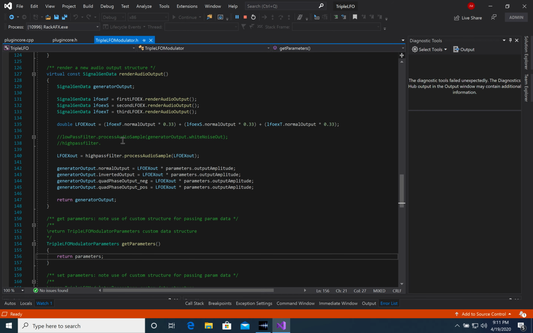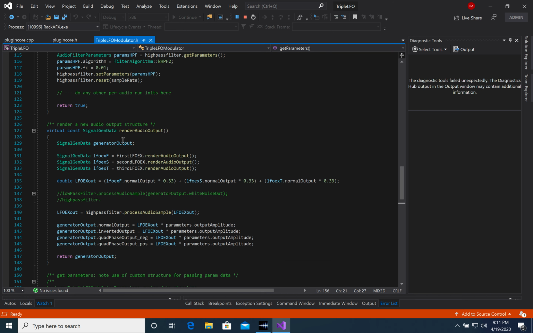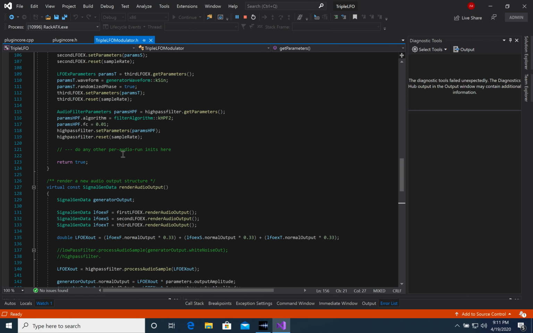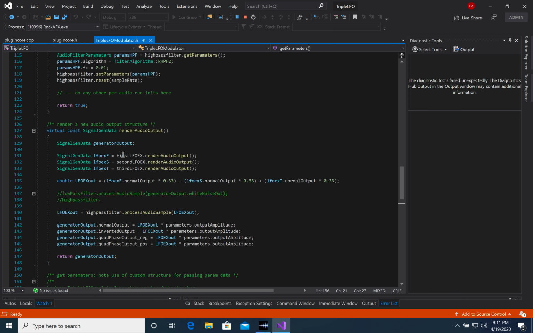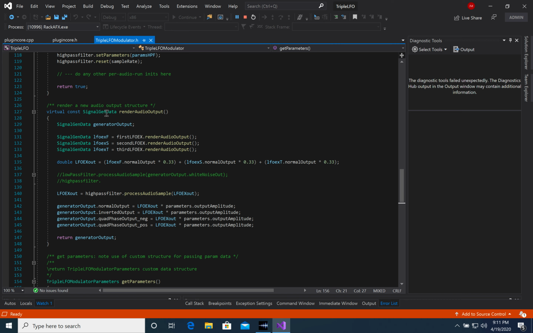Finally, we go to the signal gen data. In this function, we are creating three LFOEXs, and then we are summing them together.